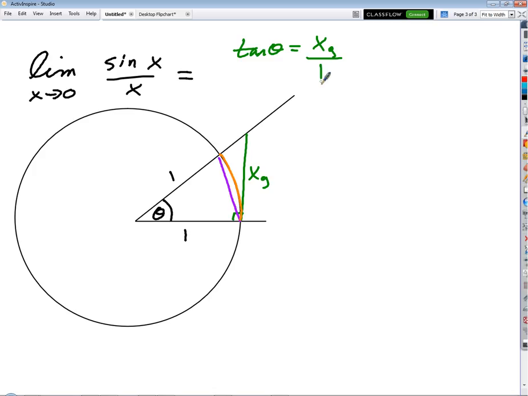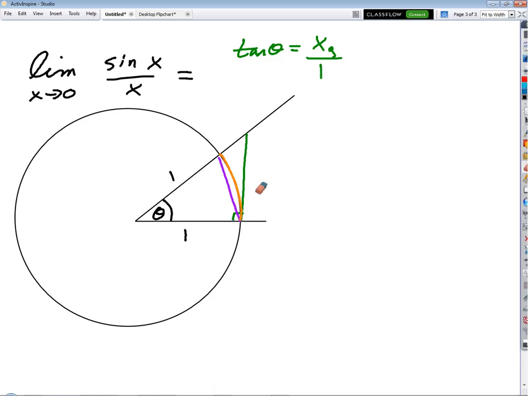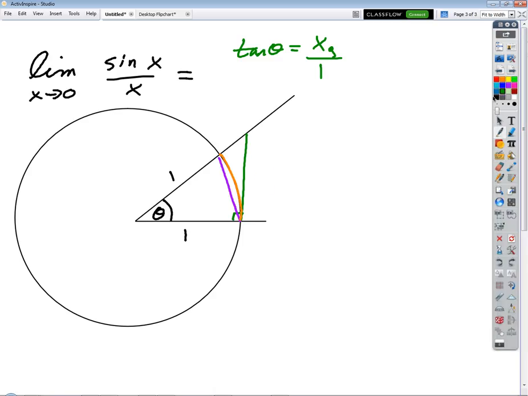So isn't x sub g just equal to tangent theta? Well then I don't even have to write it that way. I'll just write it as tangent theta. Okay, that value is equal to tangent theta.